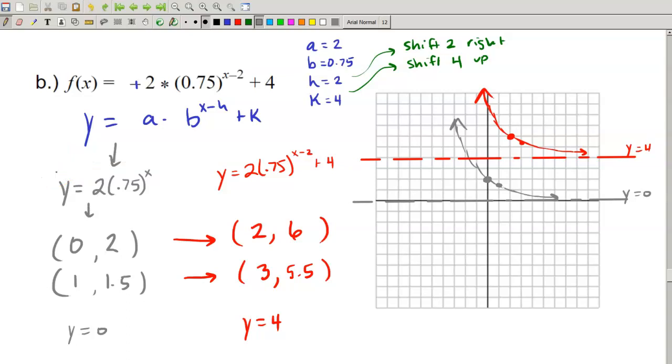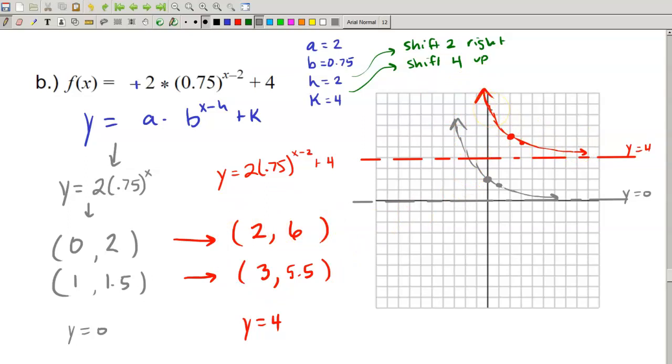The h and k are 0. And we use that as our so-called parent function that we're going to base our graph off of. We get these 2 points, and then we use our h and k value, which is our left, right, up, down shift. And now we have 2 new points, which creates this new graph.